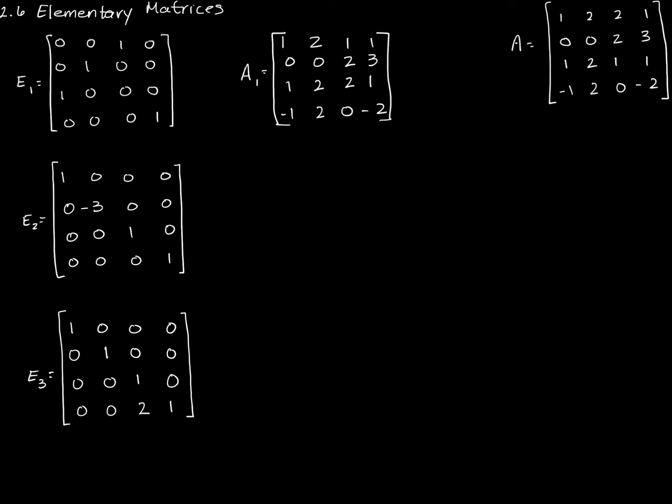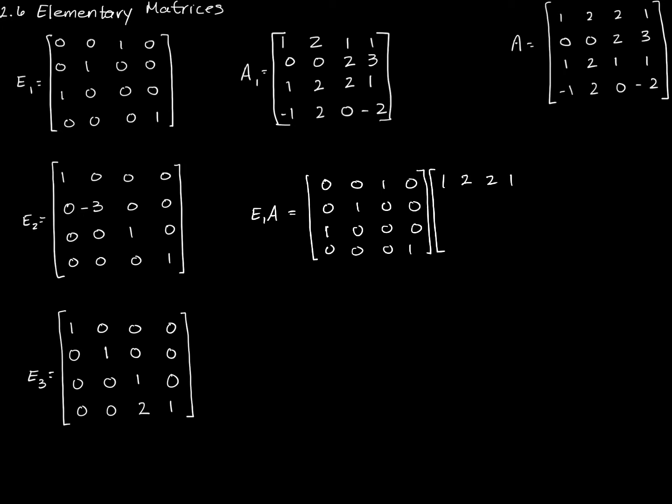But I'm going to do something a little bit different now. I'm going to do matrix multiplication involving E1 and A. That is to say, I'm going to take the elementary matrix that I obtained by reversing rows 1 and 3, and I'm going to multiply it by matrix A. This is why I chose lots of ones and zeros in my matrix A, especially since I'm using a 4x4 matrix.